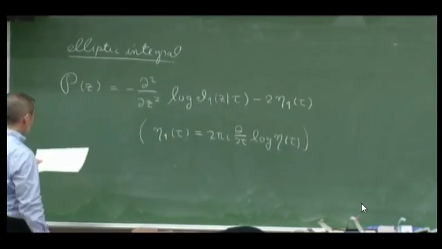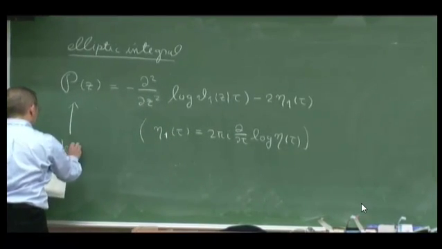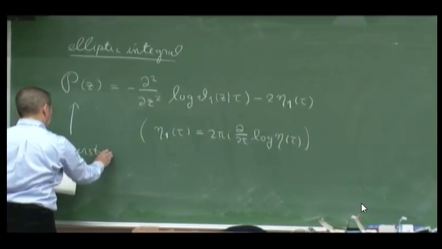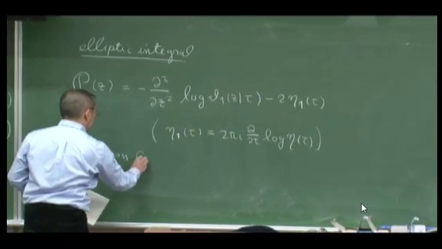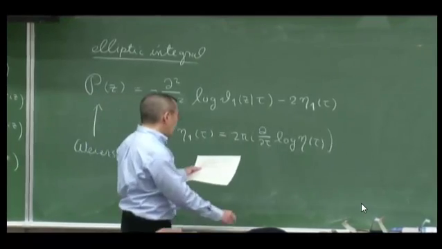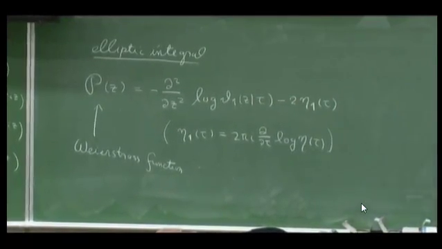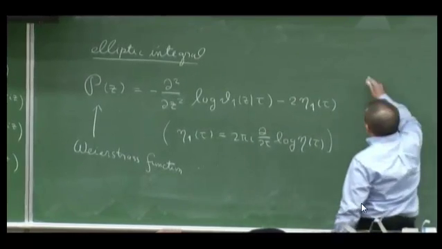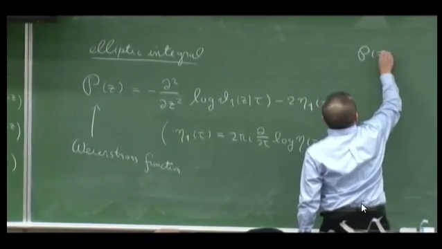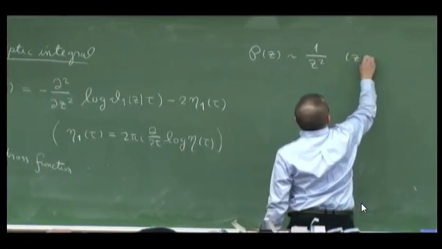Okay? So this is called Weierstrass function. This function has a double pole at z equals 0. So the p function of z behaves like 1 over z squared as z goes to 0.